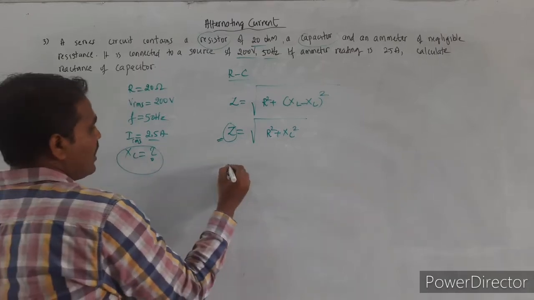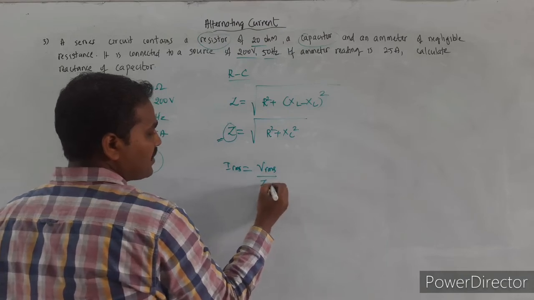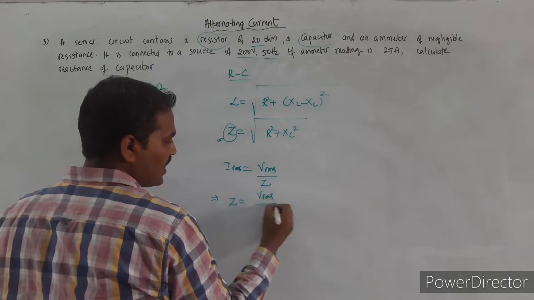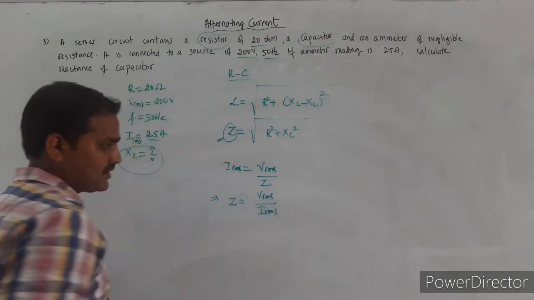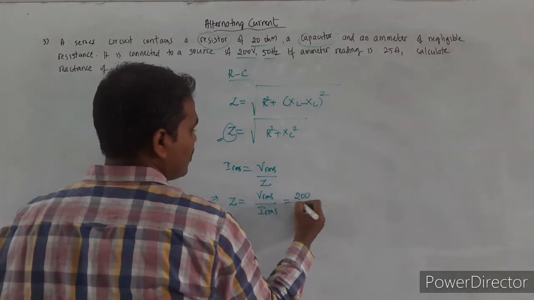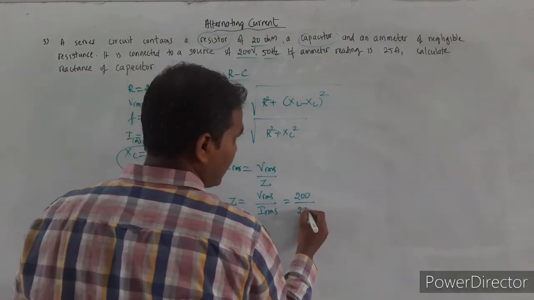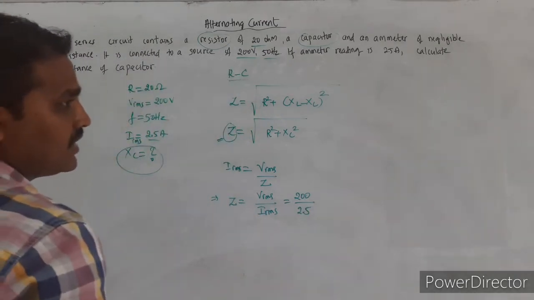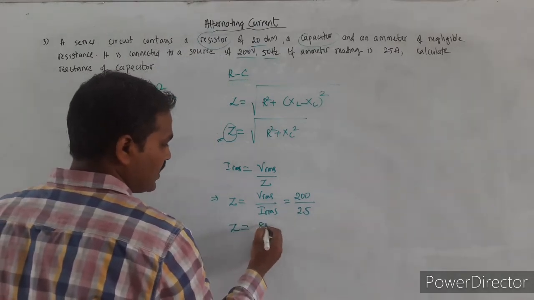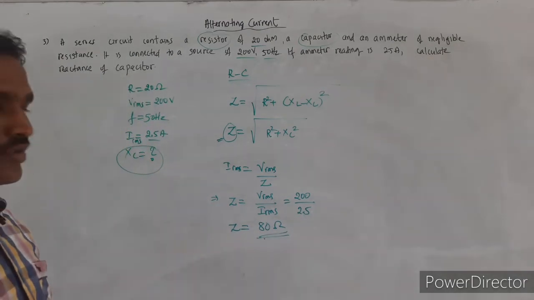We know IRMS is equal to Vrms divided by Z, so Z is equal to Vrms divided by IRMS. Let us substitute the values: Vrms is 200 divided by IRMS, which is 2.5. This will give me the value of Z is equal to 80 ohms. That is the impedance of the circuit.